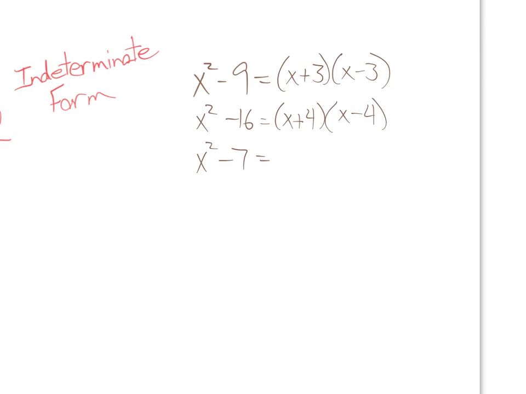Where'd the 3 and the 4 come in the first one? It was the square root of 9, square root of 16, right? So, guess what? We can factor it into x plus root 7, x minus root 7.